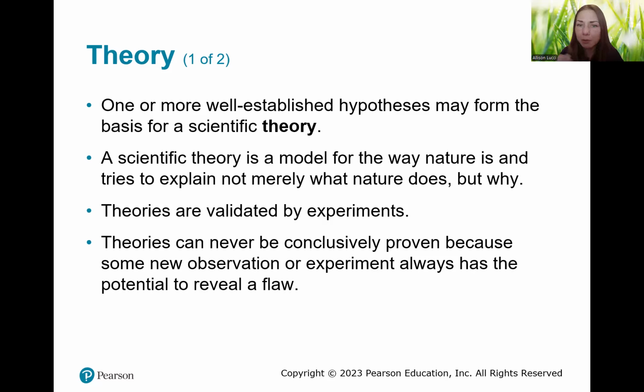So again, after so many observations, a well-established hypothesis, which is the answer to these questions that we might pose from our observations, then we call this a theory. And again, we should note that experiments validate these theories. They support these theories.